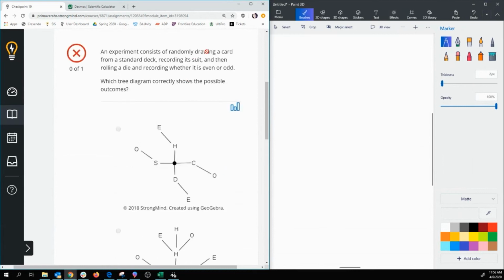So if the first thing we're doing is drawing a card and recording its suit, there's 4 different suits that you could pick from. You could land on hearts, spades, clubs, or diamonds, right? So for this one, our tree diagram is starting in the center, and these are the 4 different options that we have.